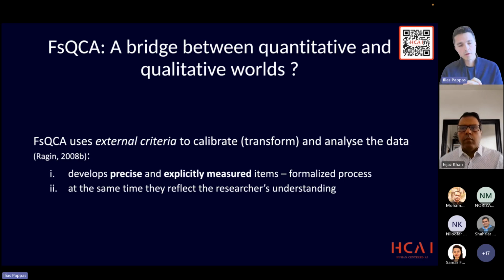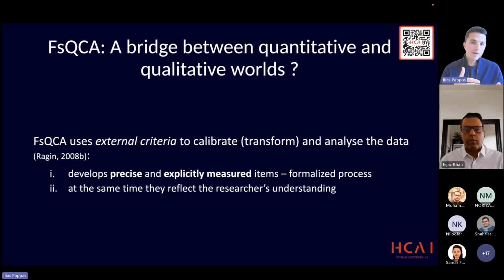Of course, any quant researcher should understand the data, but the point here is that in a classic qual study, we are able to see the researcher's understanding in the analysis of the data as well, right? The researcher's subjectivity, because they are immersed in the context and they bring that into the analysis and the explanation of the findings.